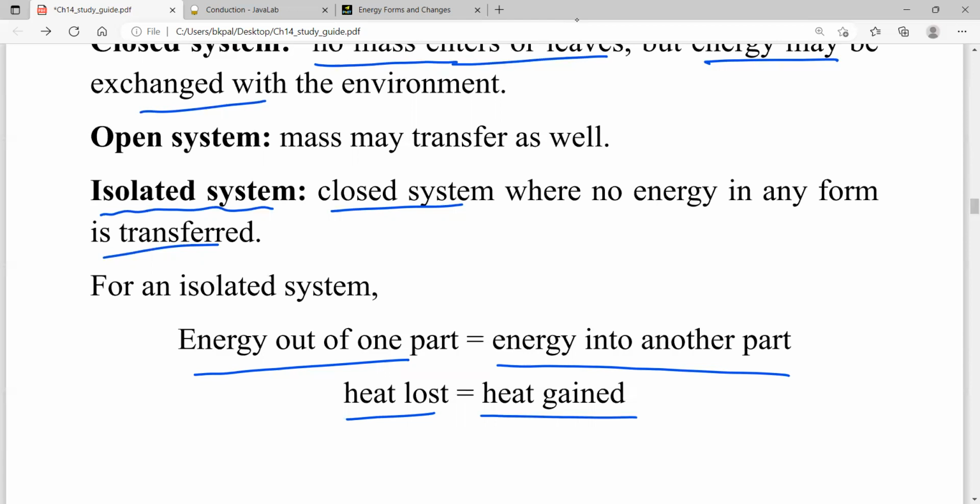That means it follows the conservation of energy. You know that heat is a form of energy, so heat lost by one part being equal to heat gained by the other part represents the conservation of energy in another form.